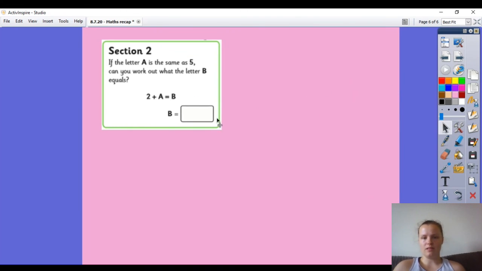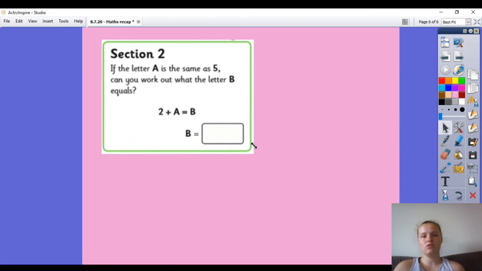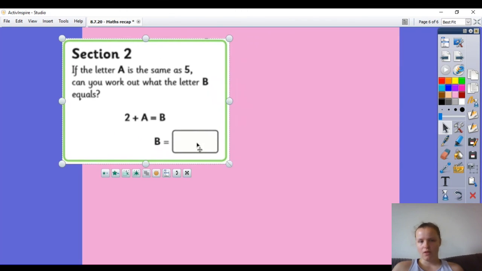Okay, last question. We've done quite well today, moving on quite quickly. Okay, now this one's a tricky one. So listen carefully. If the letter A is the same as 5, can you work out what the letter B equals? So let's have a look at the question.